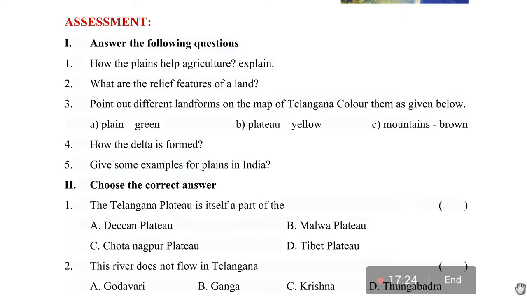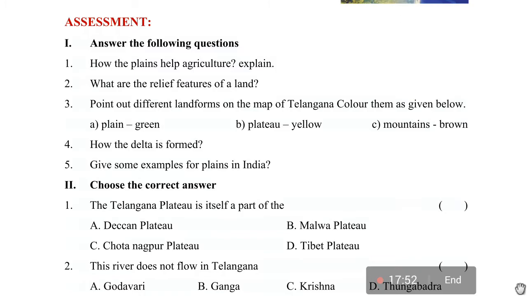That is the first one. Second one: what are the different features of land? Mainly there are three different relief features. They are mountains, plateaus, and plains. These three are called the main relief features of land.